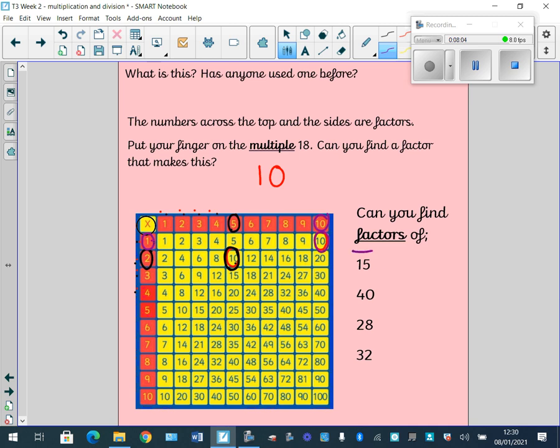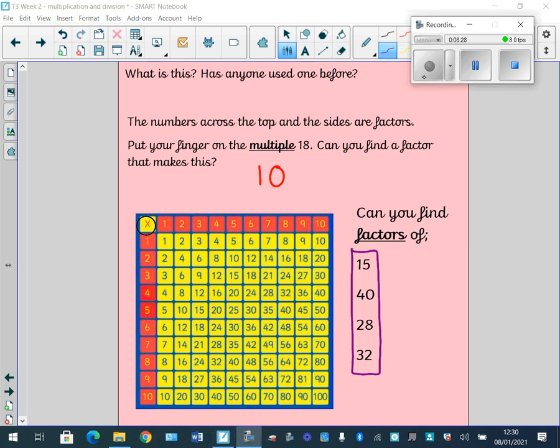Have a look at these numbers here, 15, 40, 28 and 32. Can you use the number square to find the factors of these multiples? You'll have to find the multiple in the grid and then go back up to the top and along to the side and work out which 2 numbers have been multiplied to make them. Okay, let's pause the video, have a go.